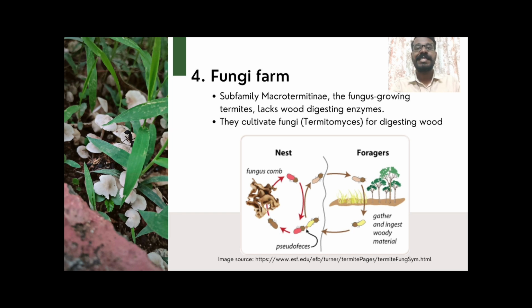They do not possess the enzymes that can digest wood. We know that mushrooms, certain species of fungi, are capable of producing such enzymes and digest wood. So these termites cultivate such fungi in their nest, forming a fungal farm that can digest wood, and this digested wood is consumed by the termite.